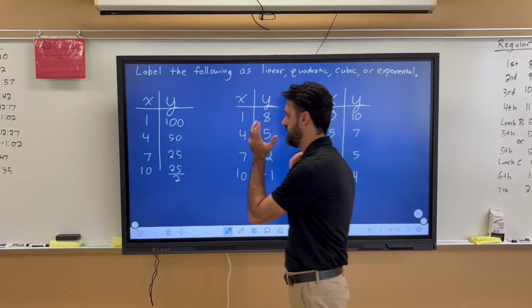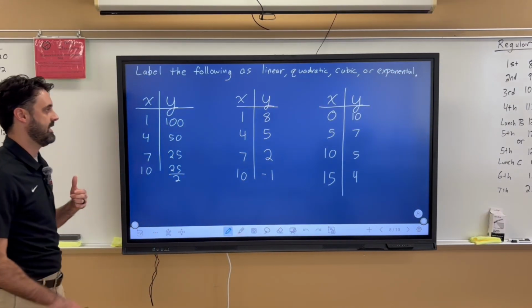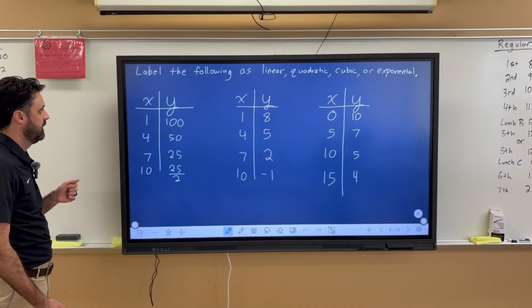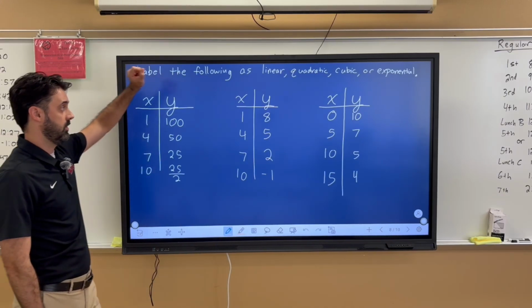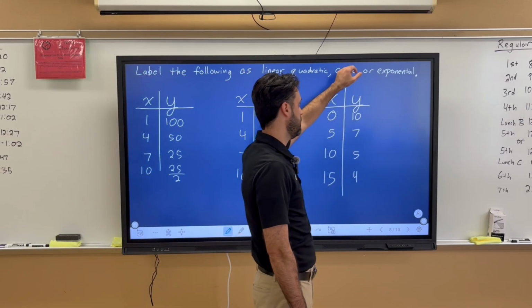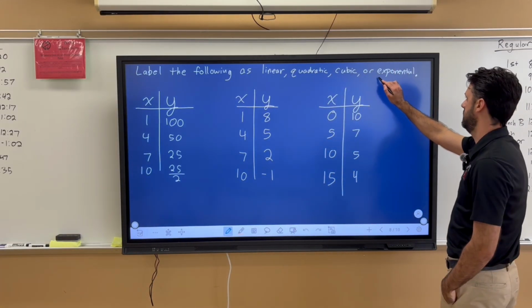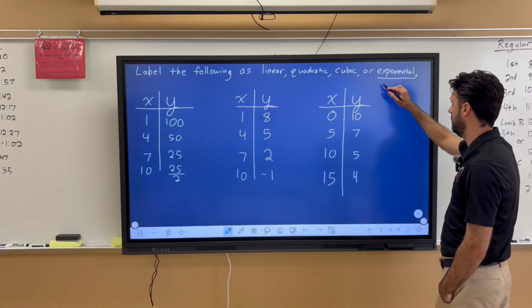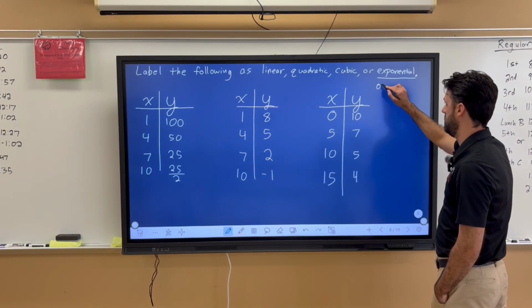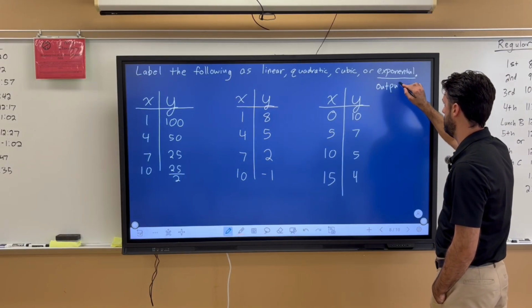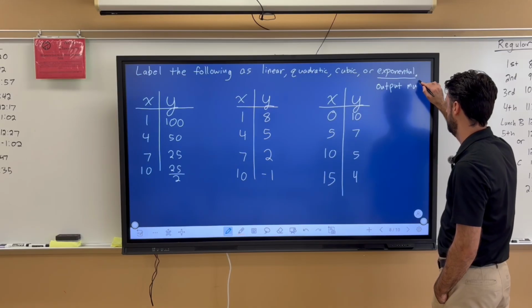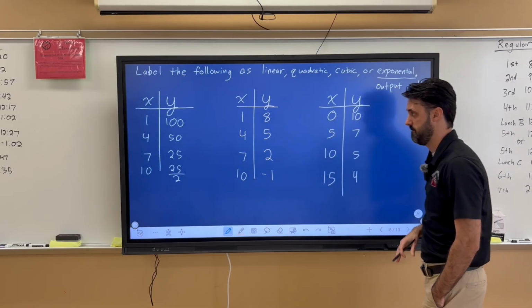So here's the main type of question we would need to be able to answer from this lesson. We're going to label each of these as either linear, quadratic, cubic, or exponential. So I like to look for exponential first. With exponential, our output values are going to change by multiplication or change proportionately.